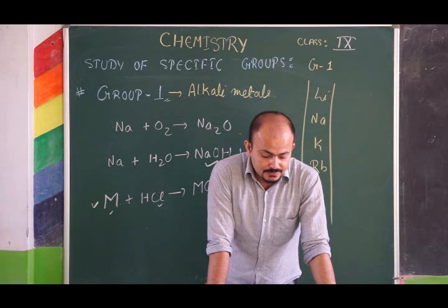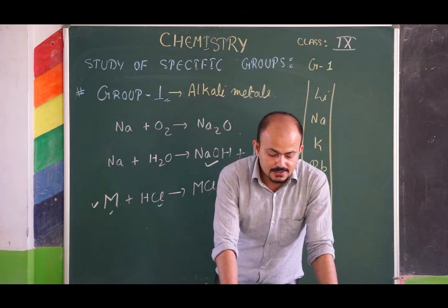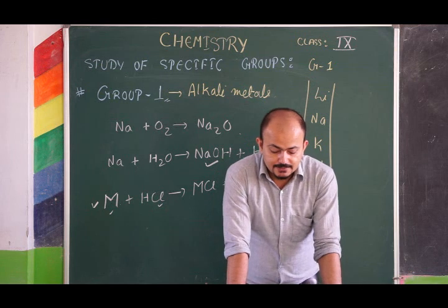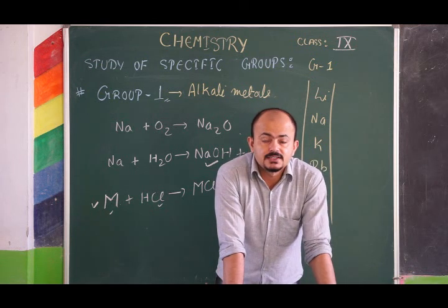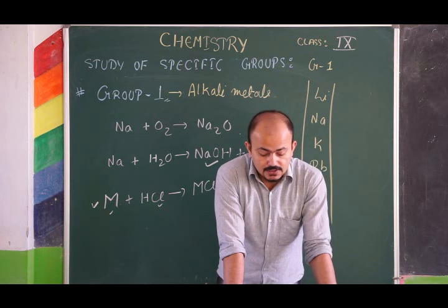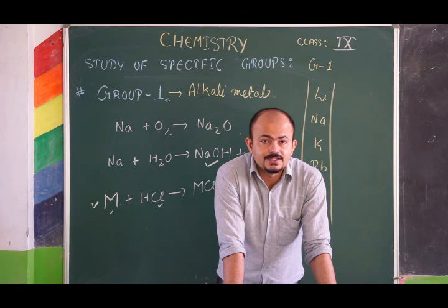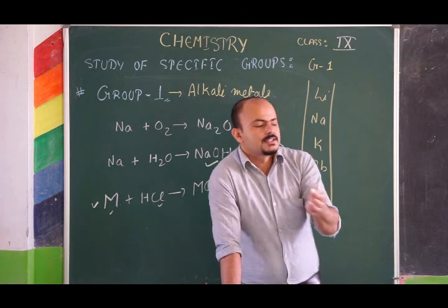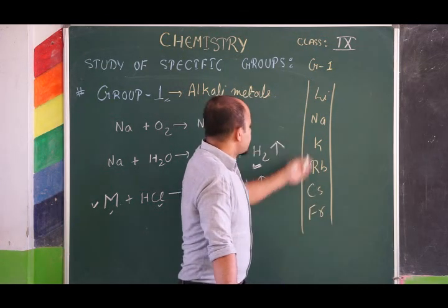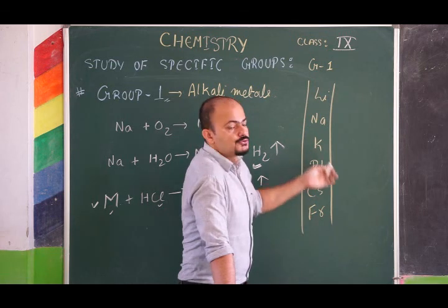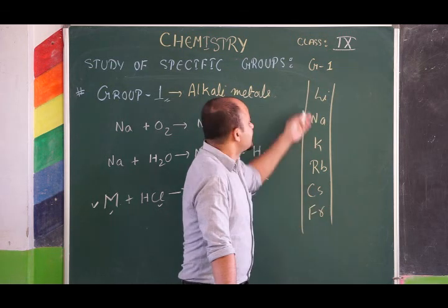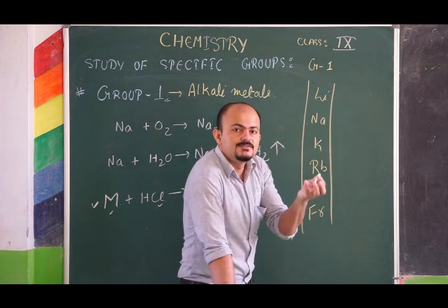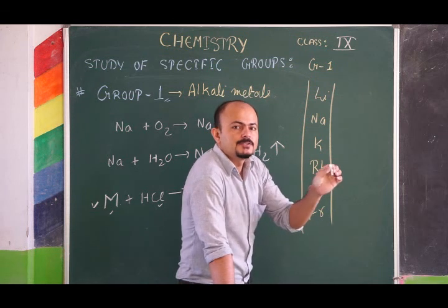Now, there are certain other properties. All alkali metals impart a certain color to the flame. Okay, and this is known as the flame test. If you do not know which element is given to you, then you can perform the flame test.